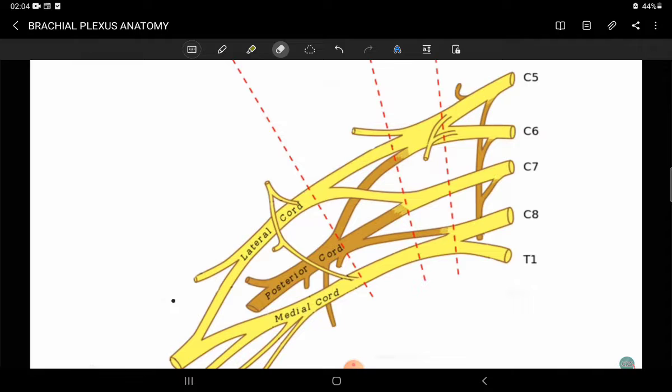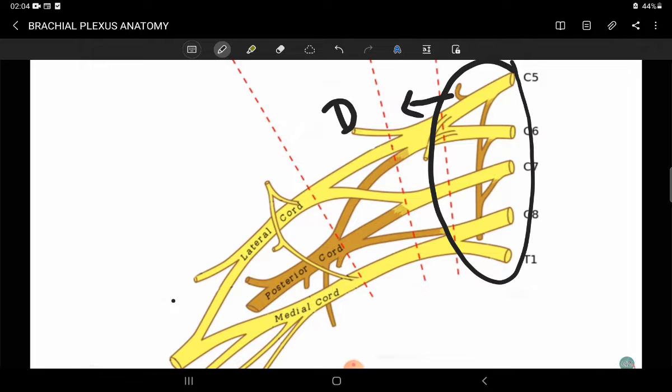So when it comes to the branches, it is not that important to remember every single branch of brachial plexus. The ones which are clinically important should be remembered. So first, as you can see, this is the root. In the root there are two branches. First one is dorsal scapular nerve.